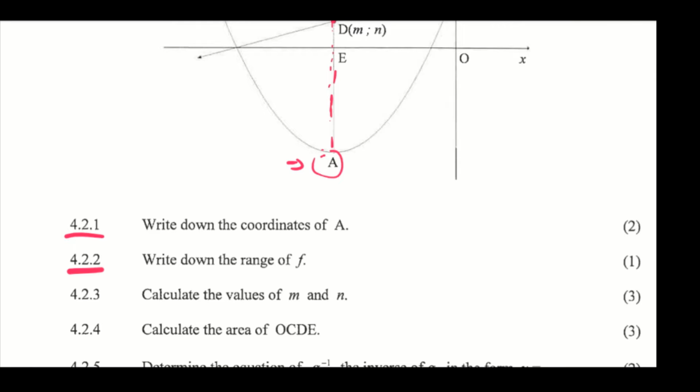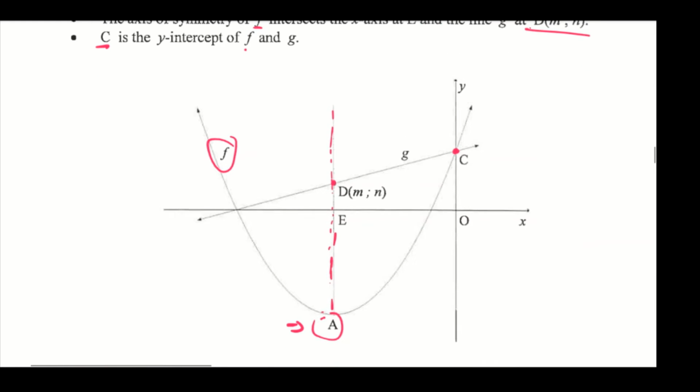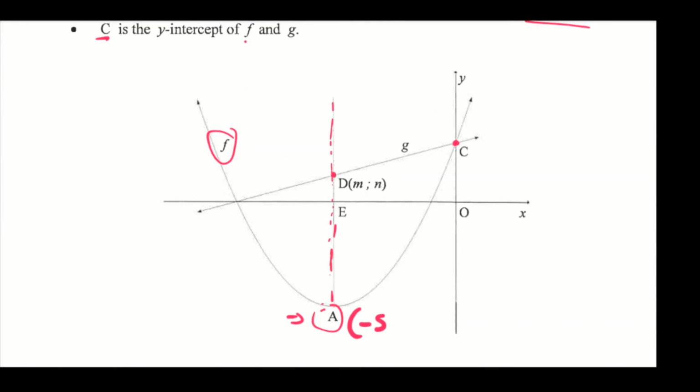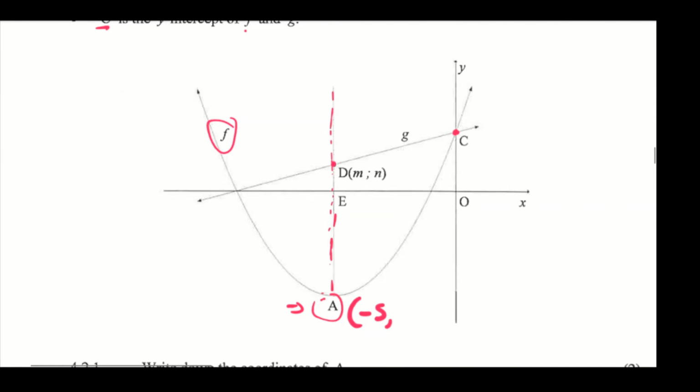4.2.2, write down the range of f. So we have this function here, and we just identified the coordinates of A to be minus 5 and 8. So we have minus 5 and is it positive 8? No, it's negative 8, minus 8, right? To find the range, the range is talking about the y values.